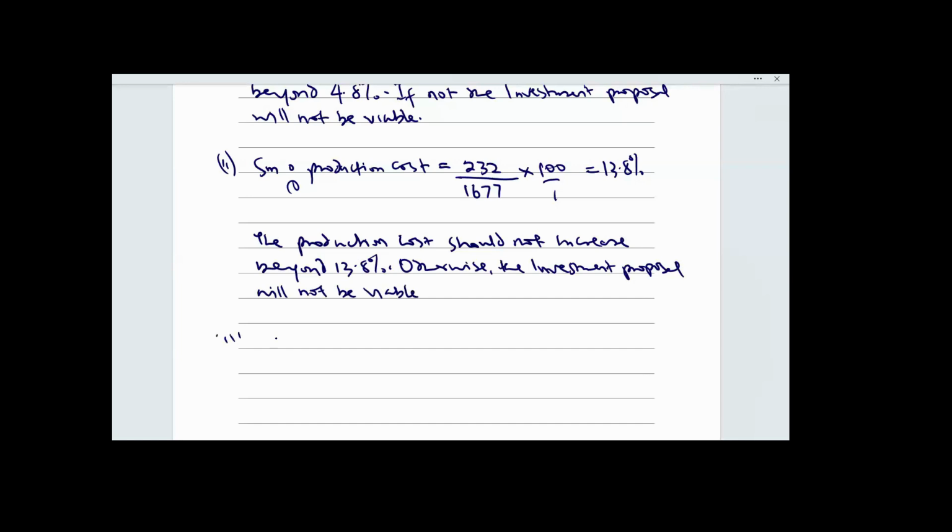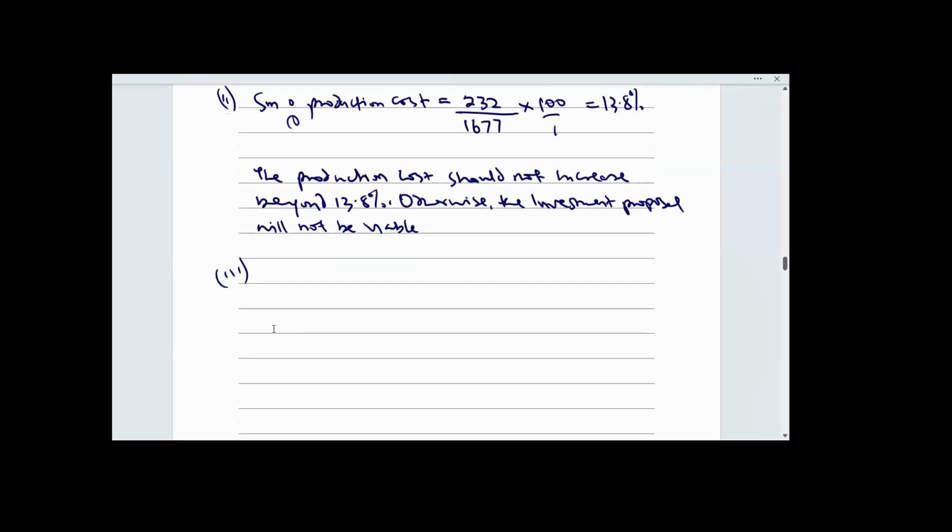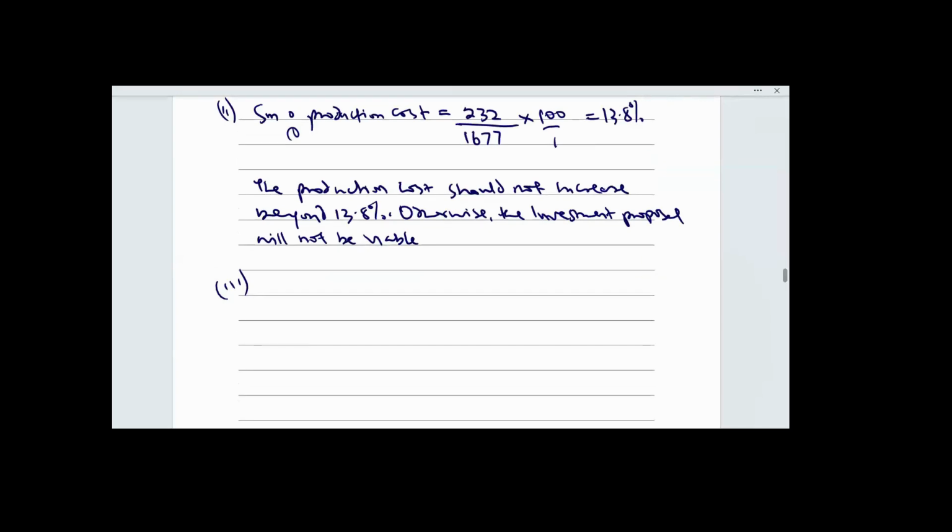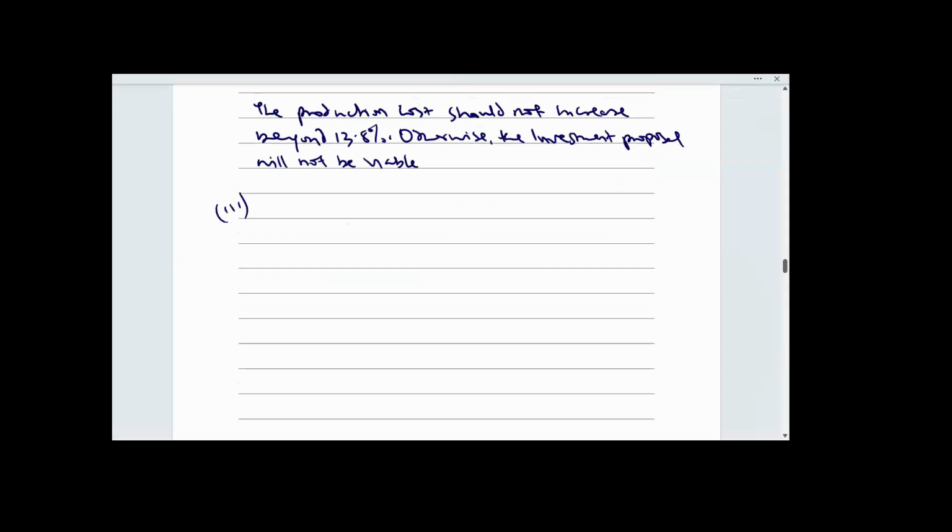Number 3 variable is sales price. So the sensitivity margin of sales price is computed as NPV of 232 divided by the present value of sales price.